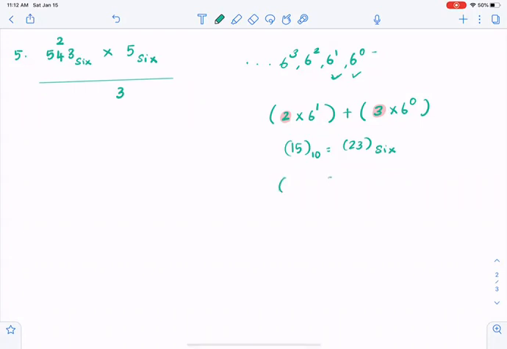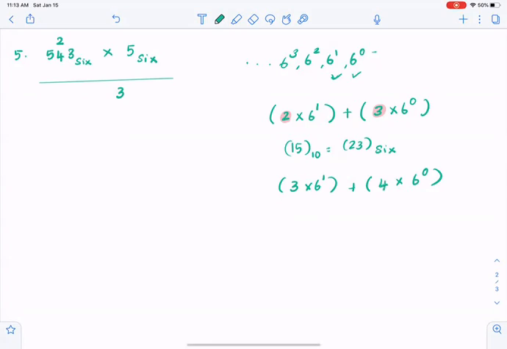So 6 times something, plus something multiplied by 6 raised to 0, which would simply be 1. So if I put 3 here, I will get 18, and 1 there, 19. So it can't be 1, can't be 2, can't be 3.